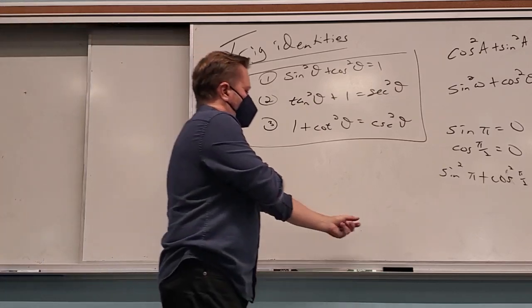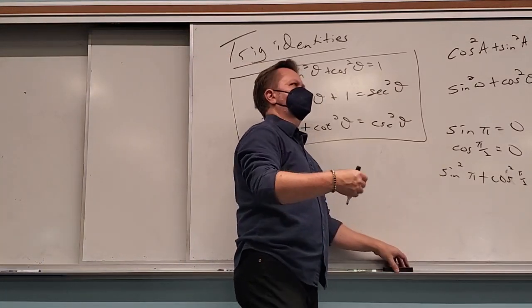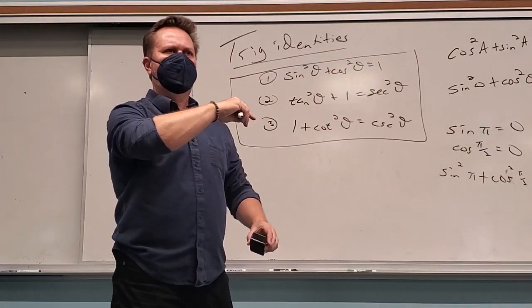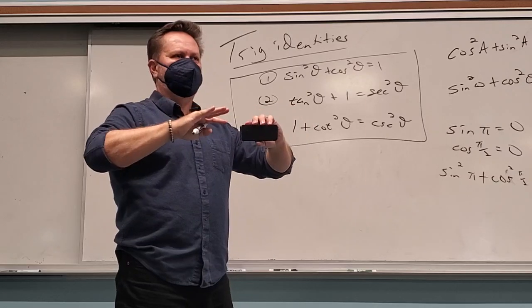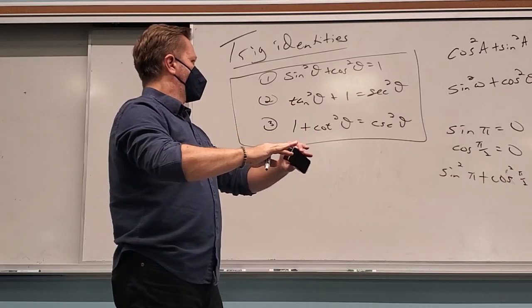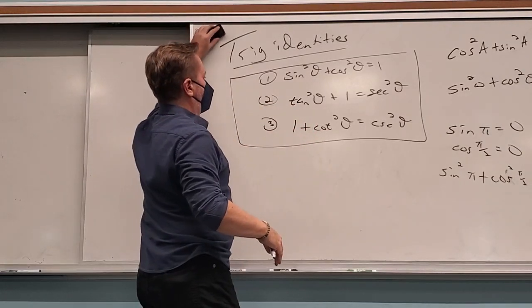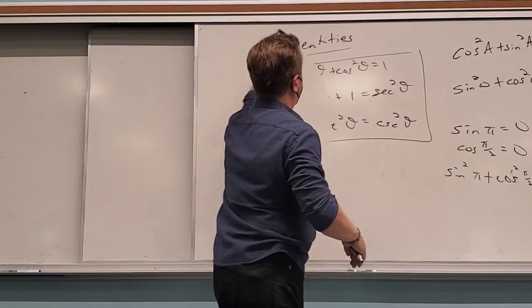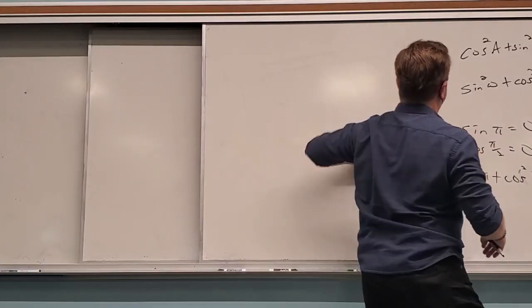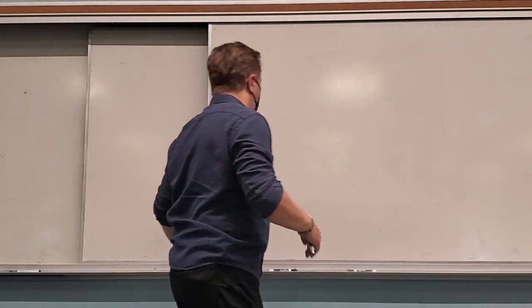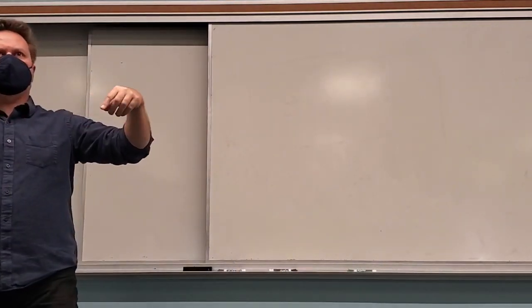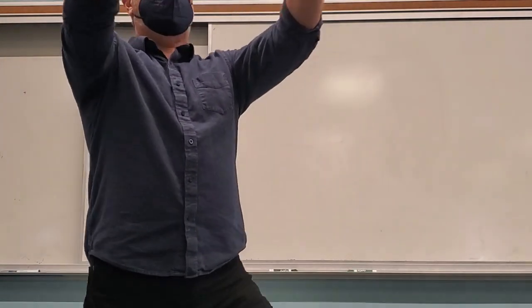Okay, and of course, we also discussed the inverse stuff, which we did some of. So that was yesterday. So let's talk about today. And by the way, we're going to build some more identities, and then I am going to give you this handout.